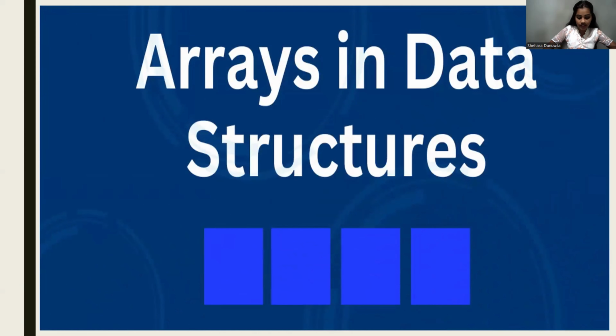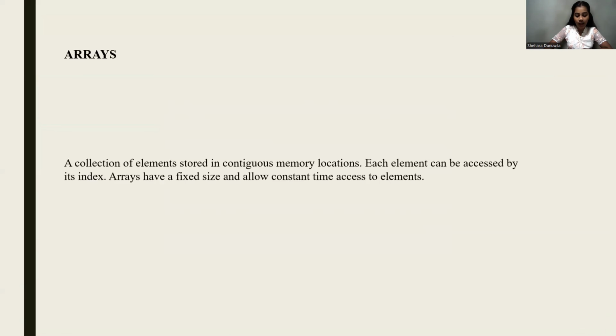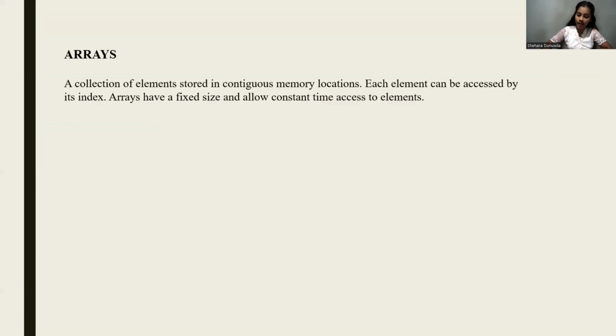Let's start with arrays. What is an array? An array is like a container that holds a fixed number of elements, all of the same type. Think of it as a row of lockers, each with a unique number. You can store anything you want inside as long as it fits the type, like integer, string, or even objects.